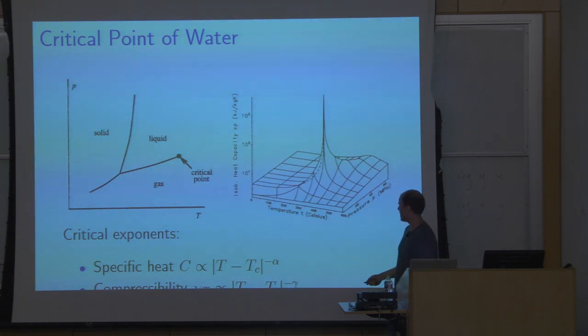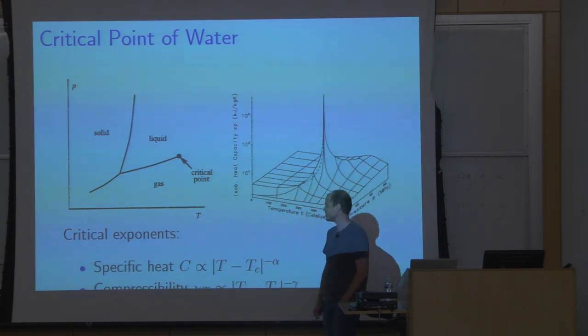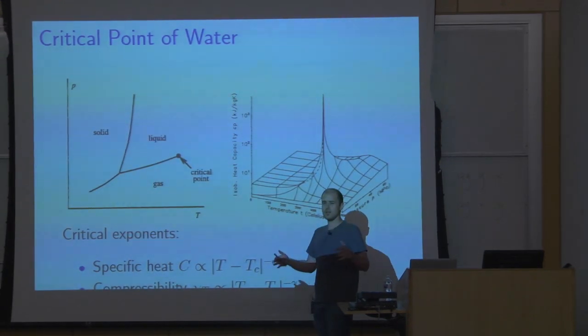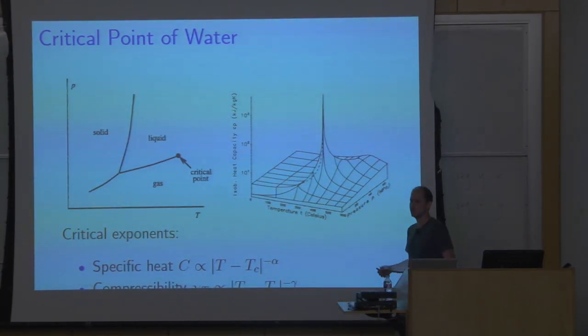The compressibility has this same funny power law form. And the compressibility is something that you wouldn't want to measure in the magnet. I mean, you could, but it is not the most natural thing to measure. The compressibility is the response of the system to a change in pressure, a change in volume. Okay, so there are these two things you can measure, and they have interesting power laws. And just as an example, here's a plot of the heat capacity in the temperature-pressure plane, and you can see that indeed these power laws are these very striking features in this plane.